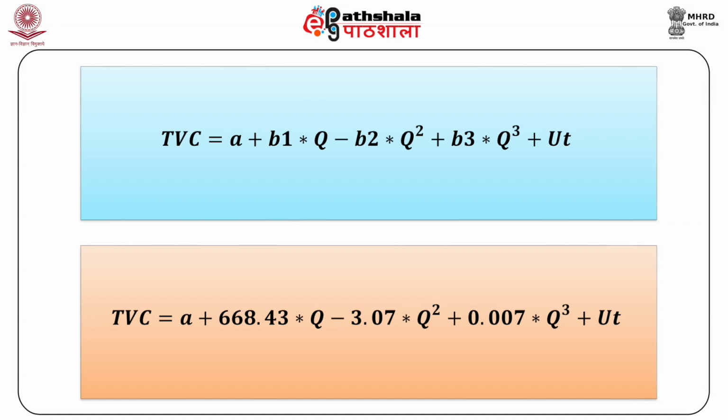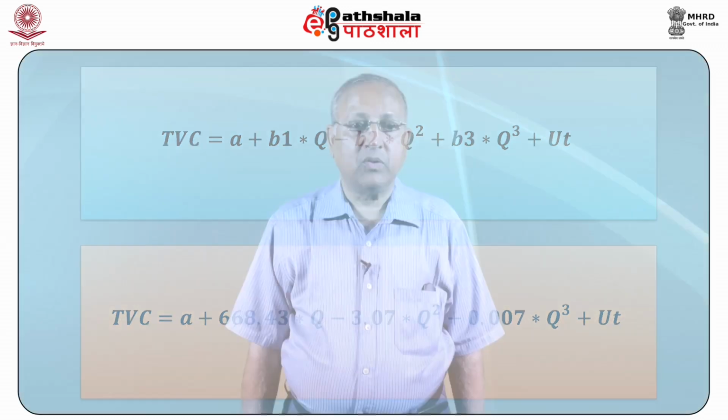The next coefficient is minus 3.07, which goes with the square term. Then again the sign alternates, it is positive 0.007, which goes with q cubed, plus the error term ut.